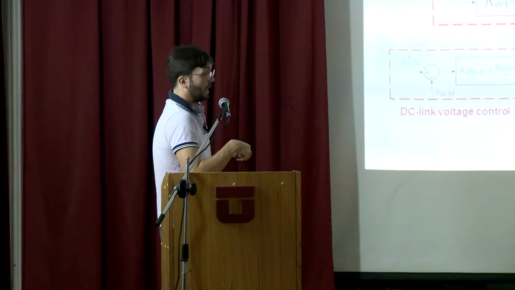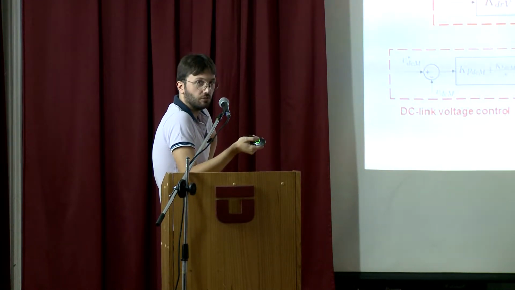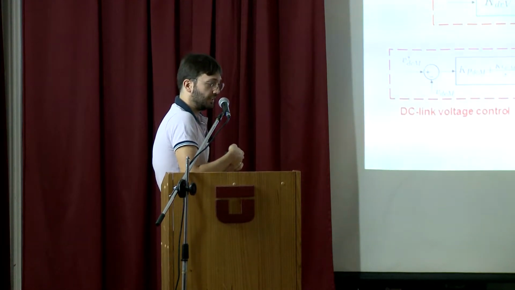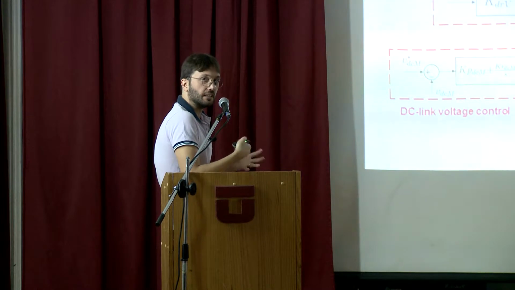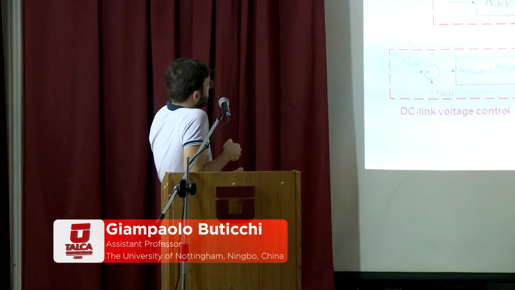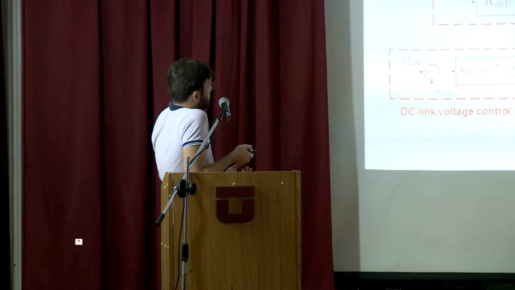So, in a very general way, I have more slides, I can give you the paper. Actually, all of this is even discussed in the scientific literature. So, the way we implemented the control for the medium voltage grid, we have a current controller.